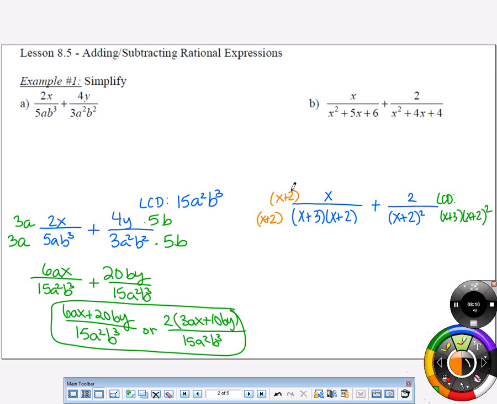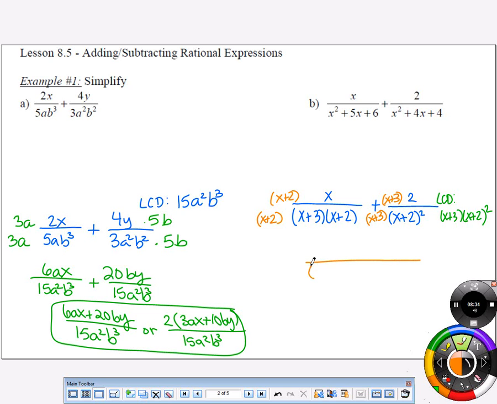The second fraction has both factors of x plus 2, but doesn't have this factor of x plus 3, so that's what I would want to include there. Now both fractions will have a factor of x plus 3 and 2 factors of x plus 2. That means their denominator is common.